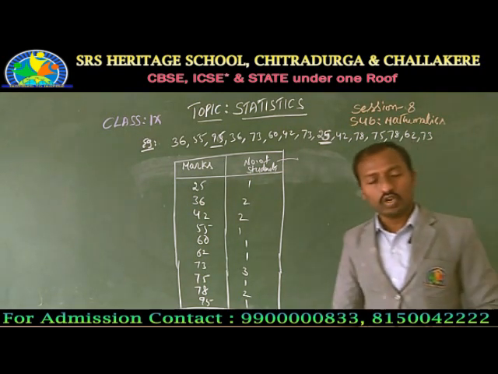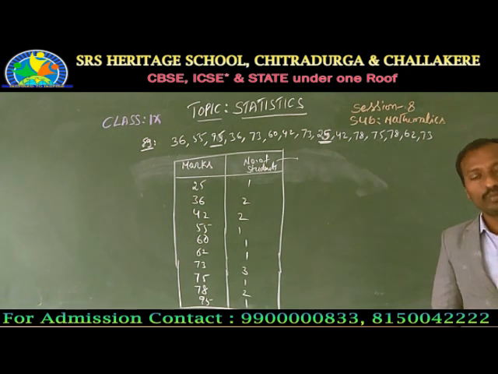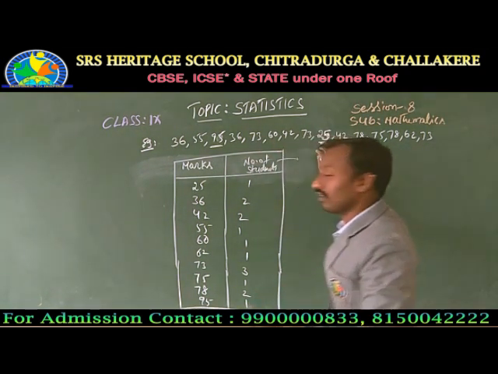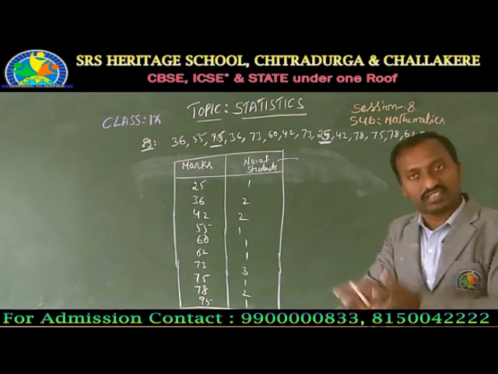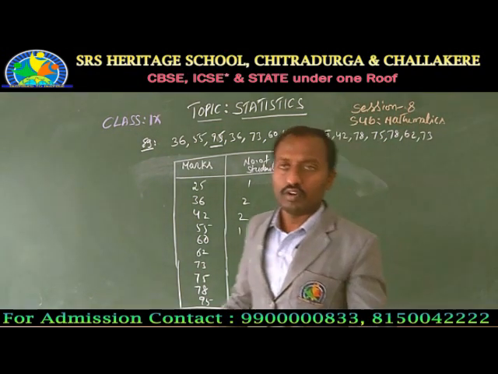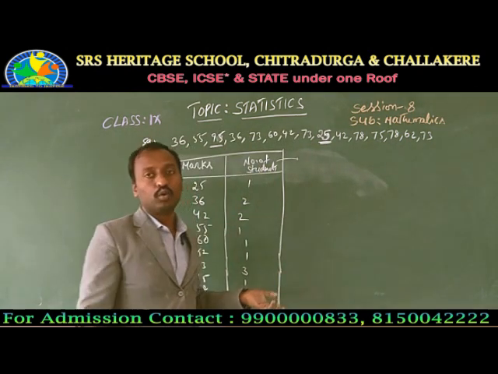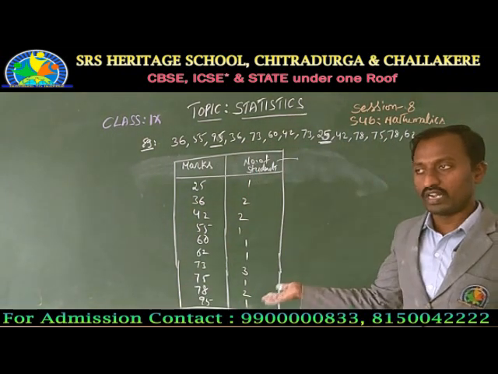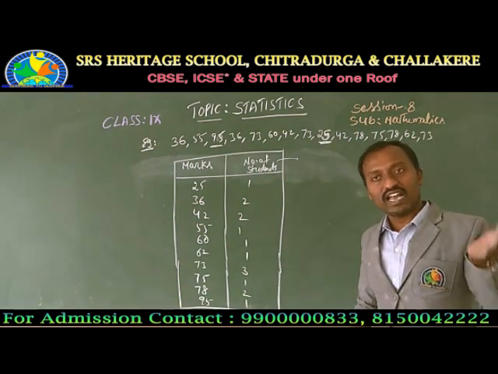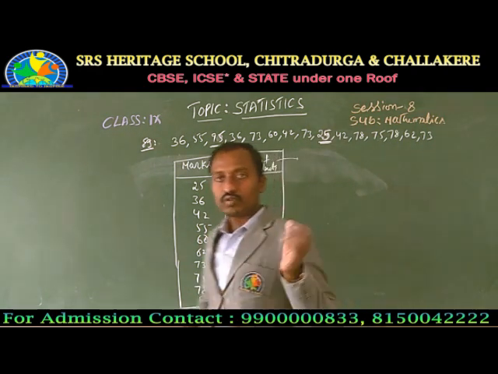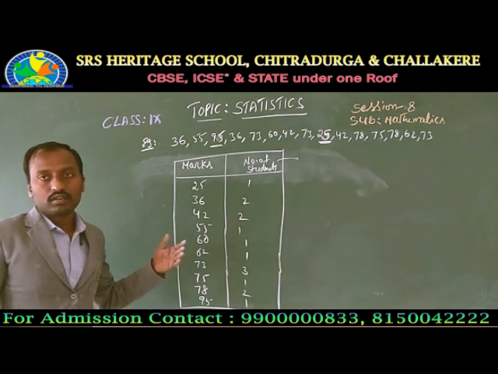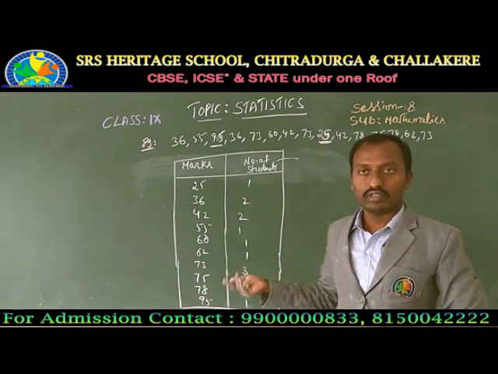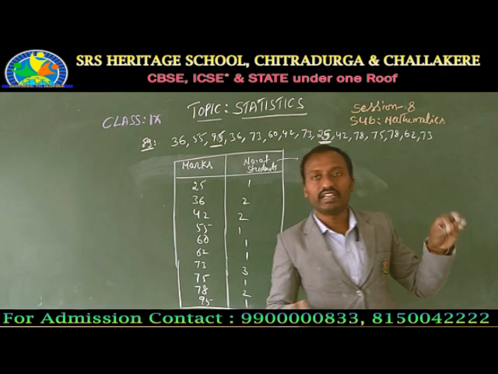To present a large amount of data, if 100, 150 or 200 students' marks are given, the grouped frequency distribution table is easier. So that the reader, whoever it is, can make sense of it easily.